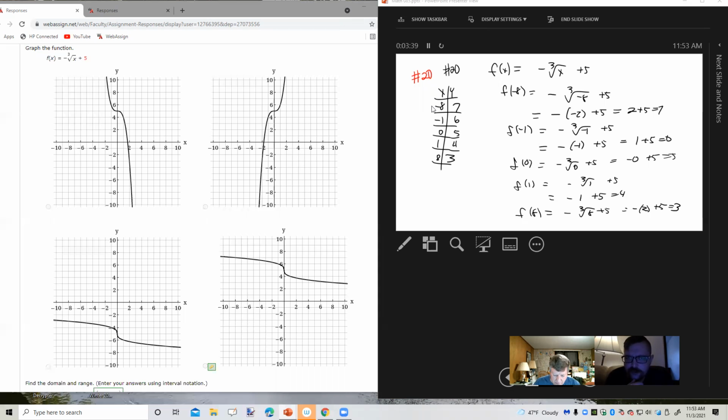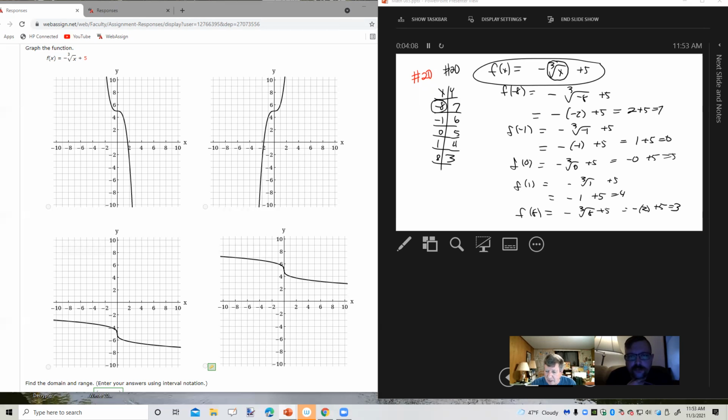So this value right there. Okay, so what I did was looking at the function, I'm taking the cube root of x. So ideally, I want values of x that are cubes. Now, I could pick numbers that aren't cubes, but then I'd have to go to my calculator and I'd get some decimal approximation.